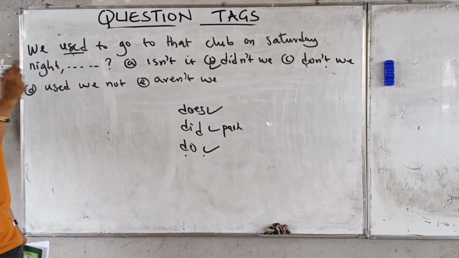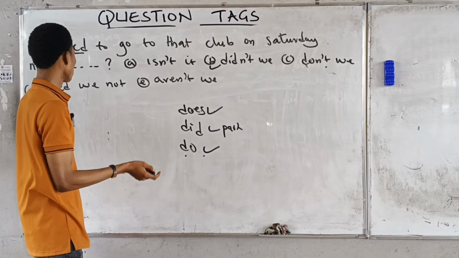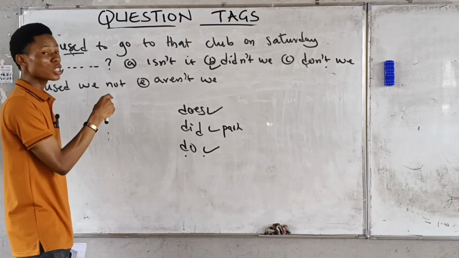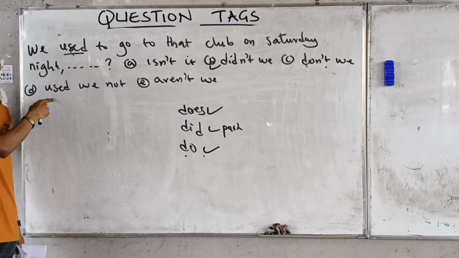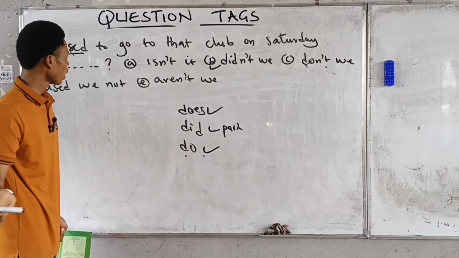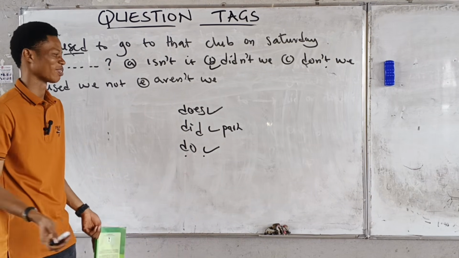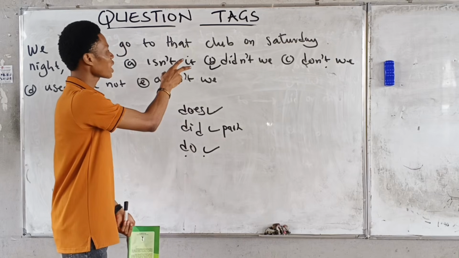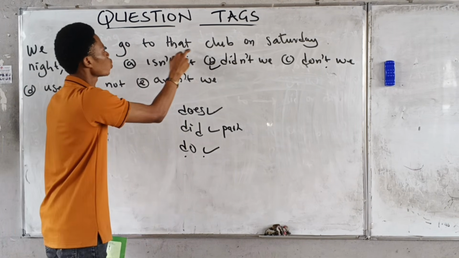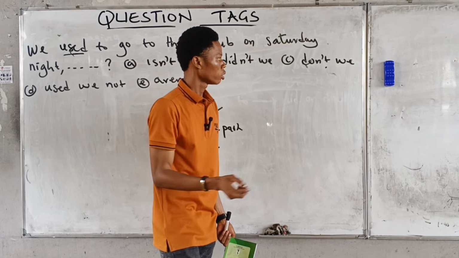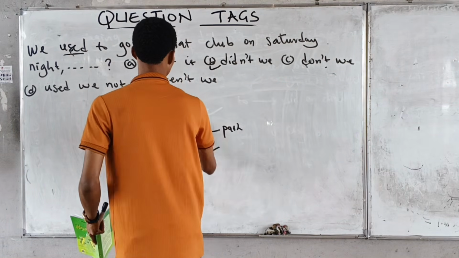Can you imagine? Isn't it? Don't we used to? Used we not? Some persons, you are laughing. Some persons will take it and say they give JAMB marking scheme. Then aren't we? Aren't we used to go to? The easiest way is to start from your question tag to form the question. Didn't we used to go to that club on Saturday? So you see if it makes sense or not.